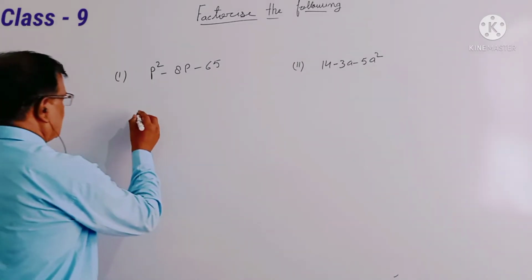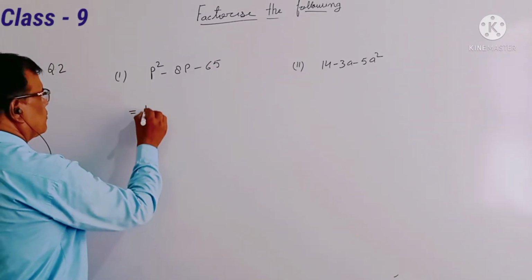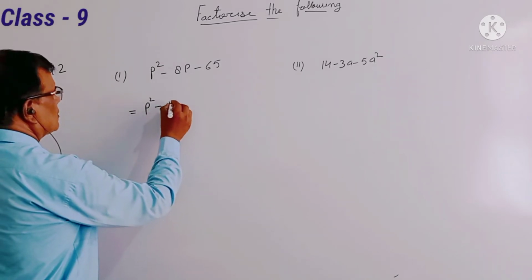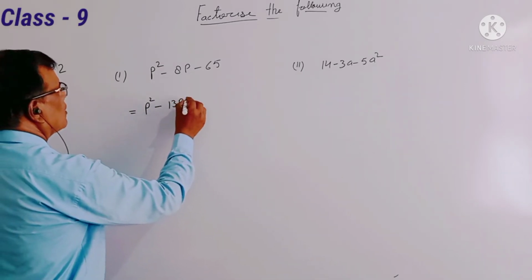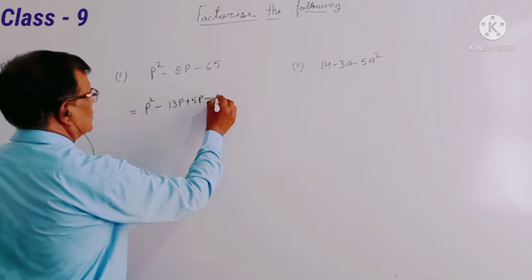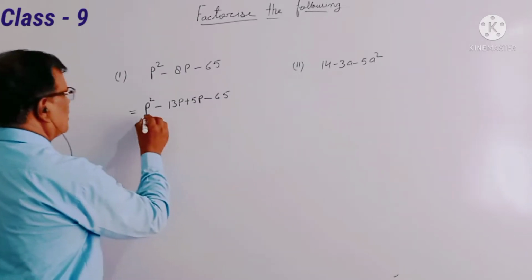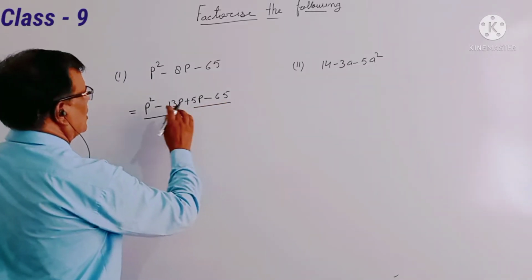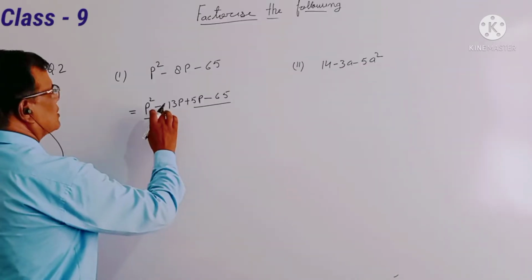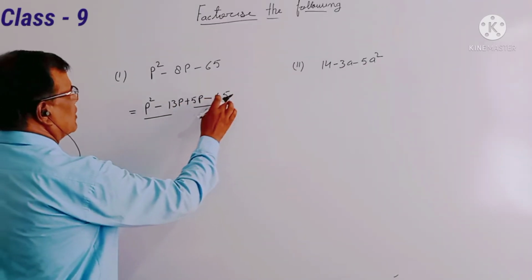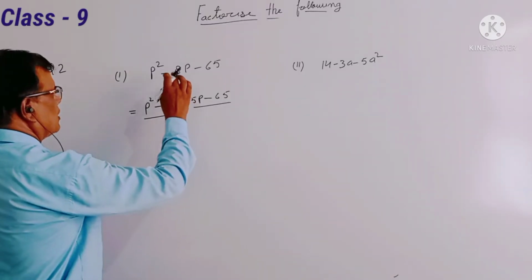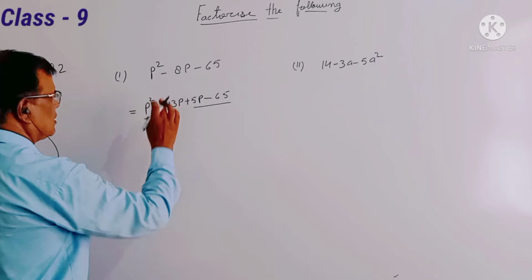So we think and write here p square minus 13p plus 5p minus 65, and then make the pairs, because 13 times 5 is 65, and multiplication of minus and plus is minus, and 13 minus 5 is 8, so it is minus 8.